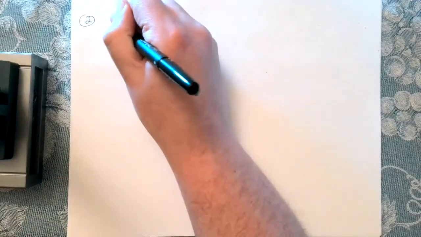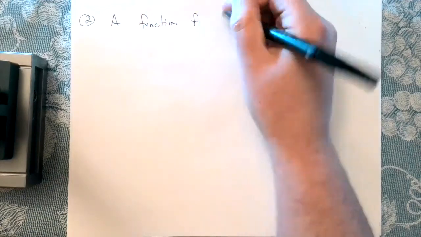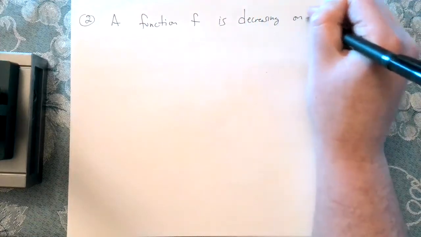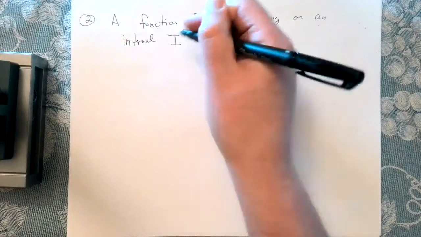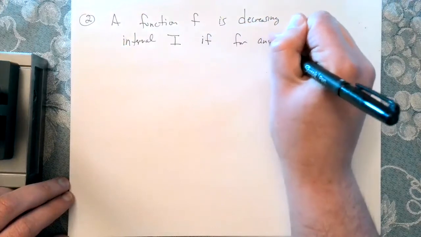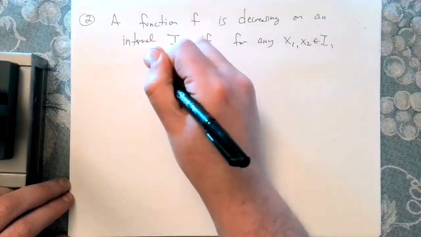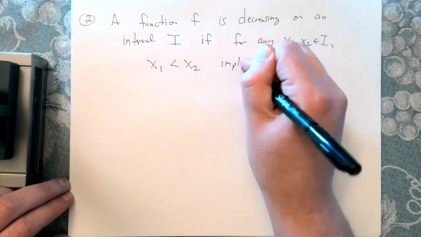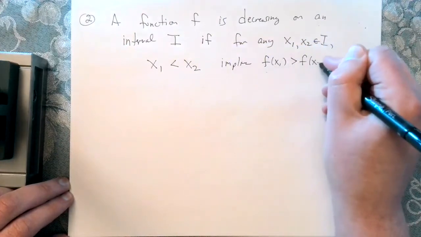A function f is decreasing on an interval I if for any x1, x2 in I, x1 strictly less than x2 implies that f of x1 is strictly greater than f of x2.